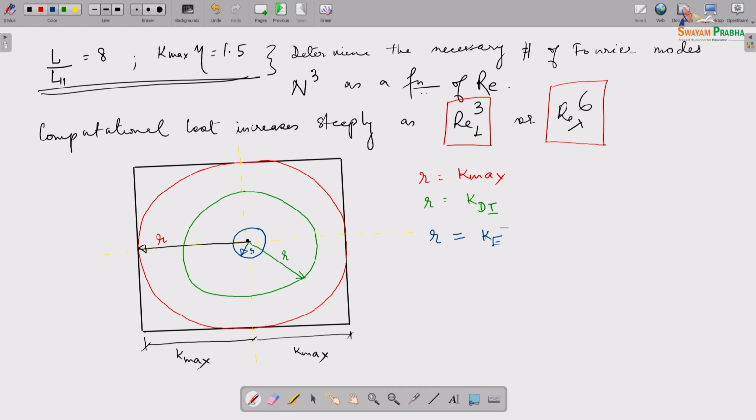So, essentially this is a domain that I am looking at, of isotropic turbulence in wave number space. This is a wave number space, and we are trying to solve DNS.